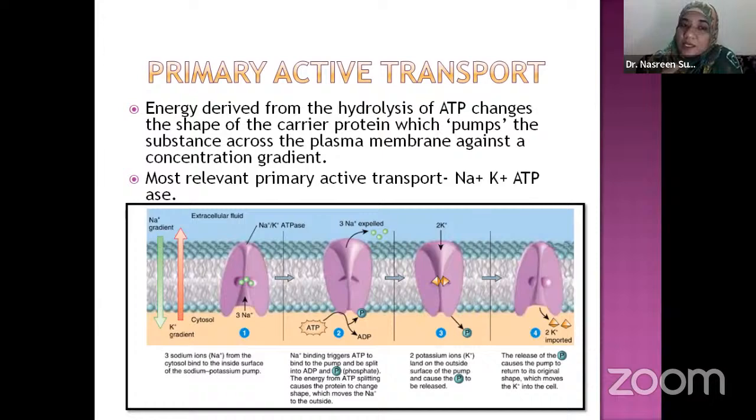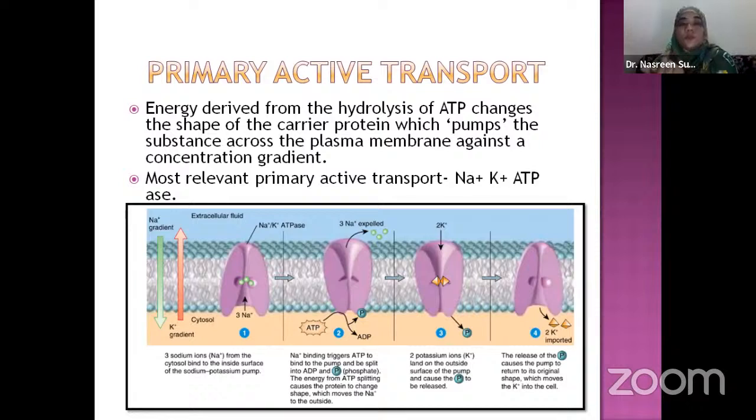When there is a stimulus, there will be influx of sodium ions and outflux of potassium ions. Why will that happen?